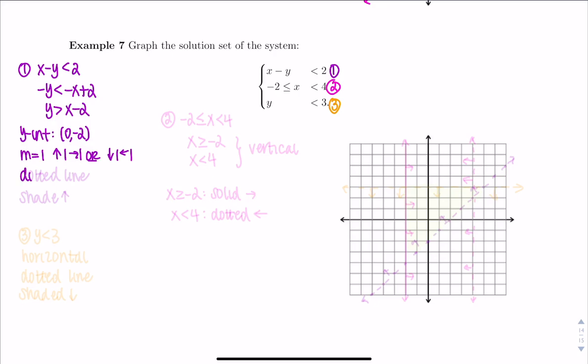This is a dotted line, and we will shade above. So let's go ahead and plot this. This is dotted. And we will shade above.